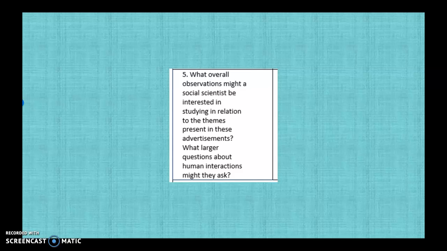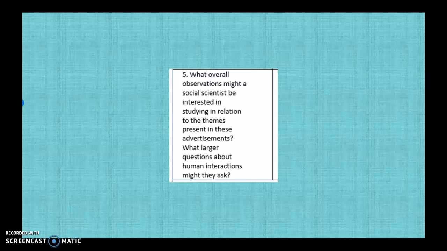So in this final section, there are two parts. The first part asks you to make statements about the overall observations a social scientist would be interested in studying. The second part is asking for you to provide larger questions about human interactions. So think about all those things we talked about being the focus for psychologists, sociologists, and anthropologists.